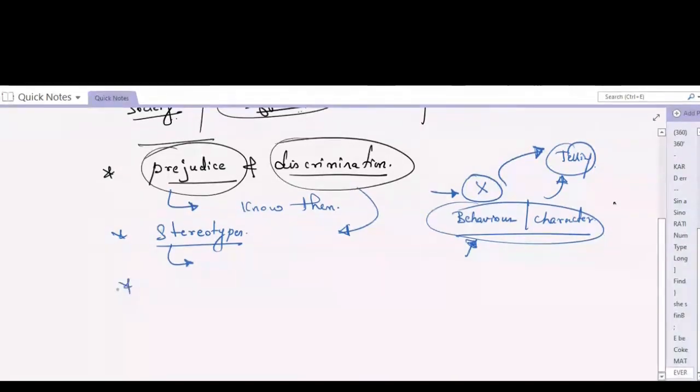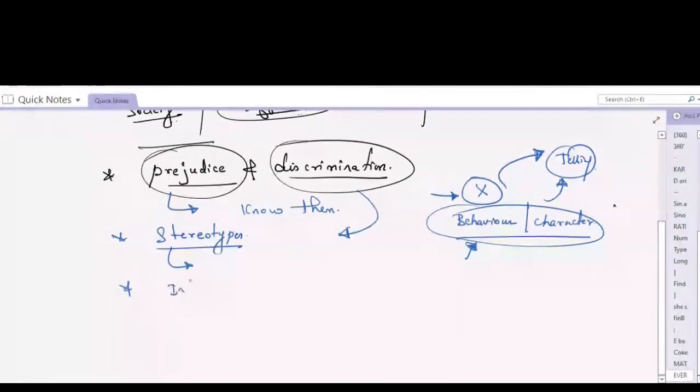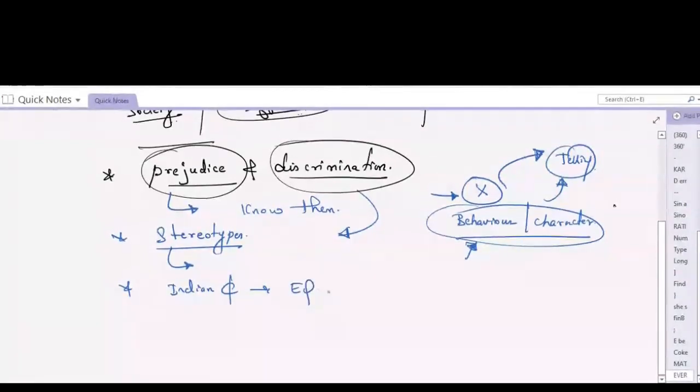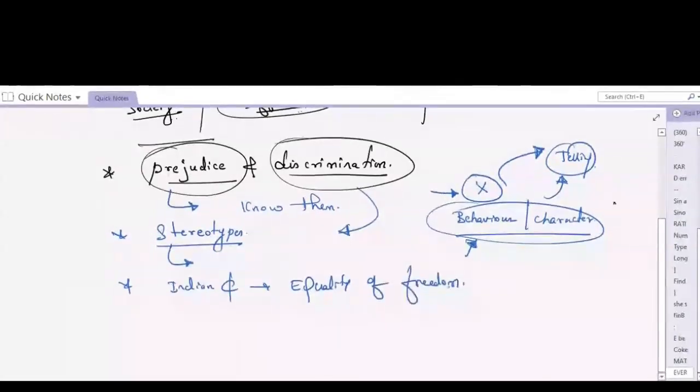See children, as per the Indian Constitution, it has already assured, right? What has the Constitution done? It assured equality of freedom. How much freedom have they got? Even girls have the same freedom. Understood?